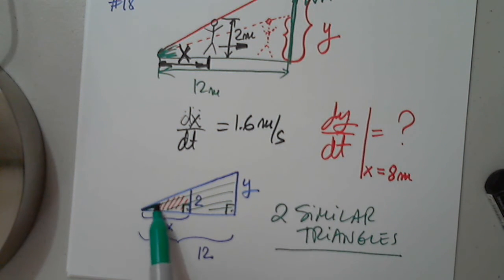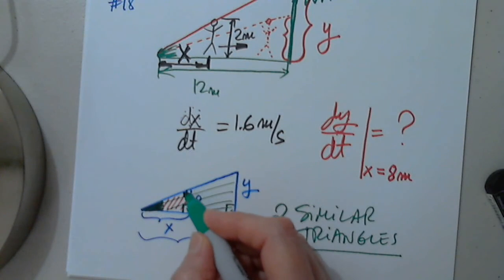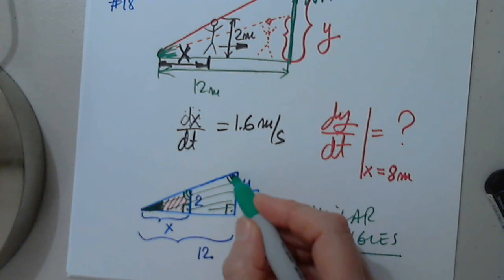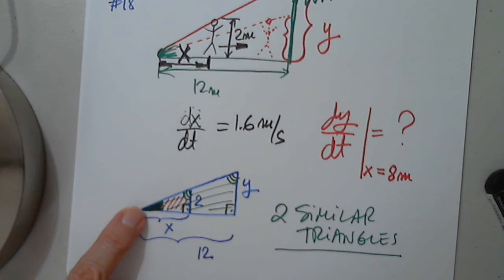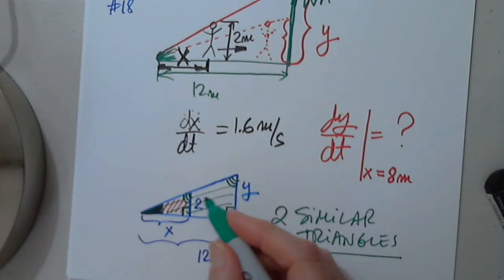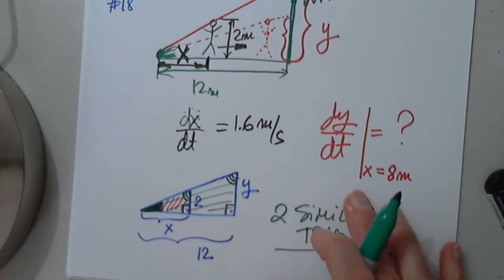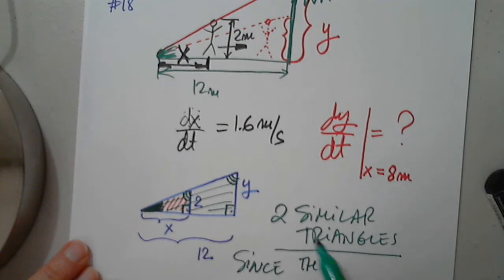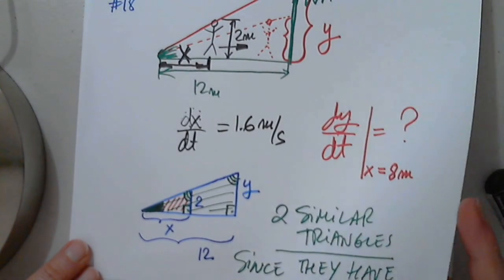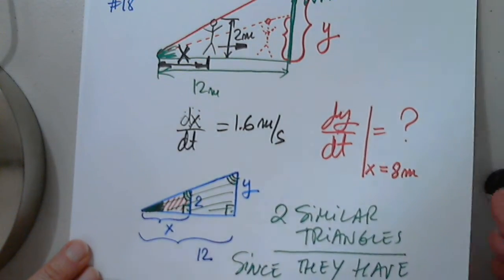And this is a common angle. So obviously, these two will be identical as well. If these two are equal and this is a common angle, these two have to equal each other for sure. So two similar triangles, since they have, we like to say congruent, but I'm going to simply say equal angles.